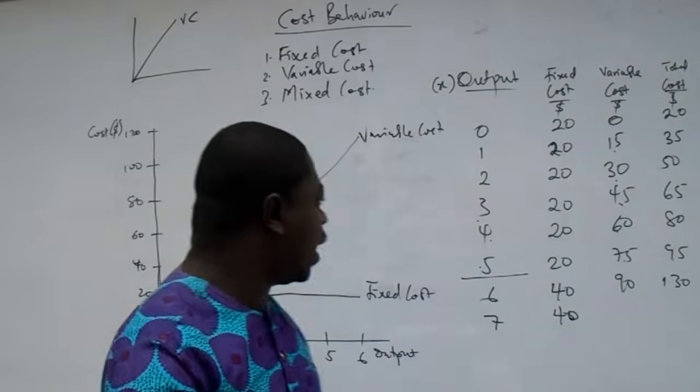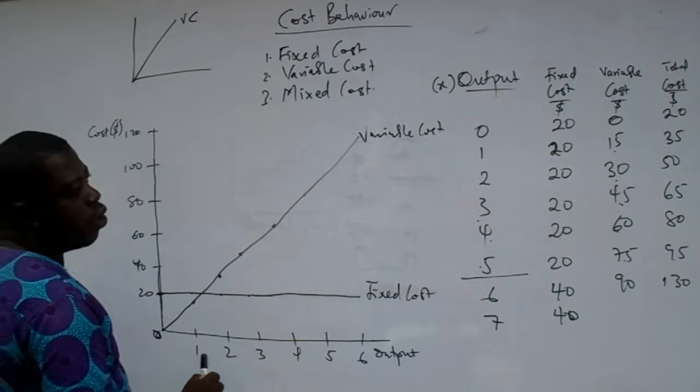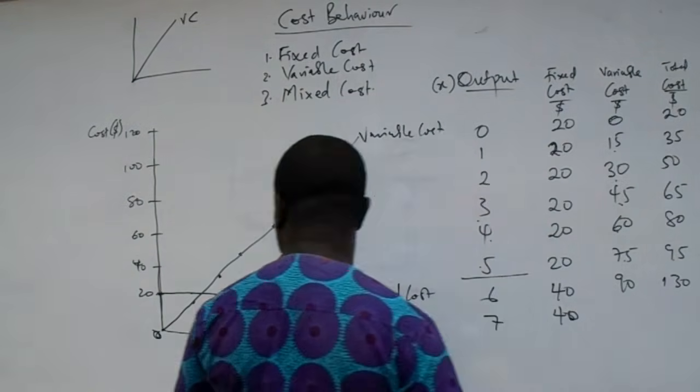And then finally we can look at the mixed cost line. Now the mixed cost line will begin from the fixed cost, because even when there was no output, total cost was 20.